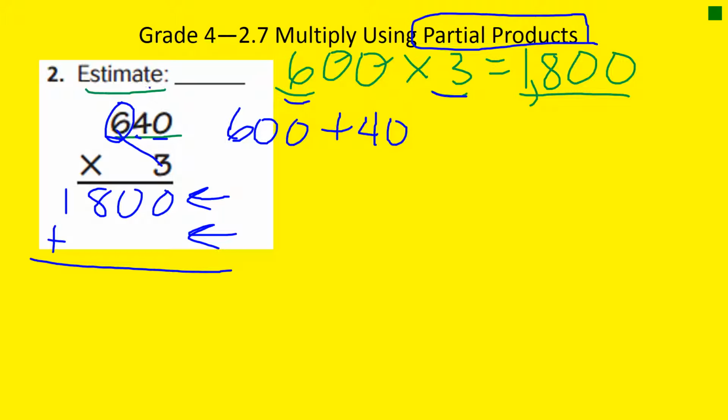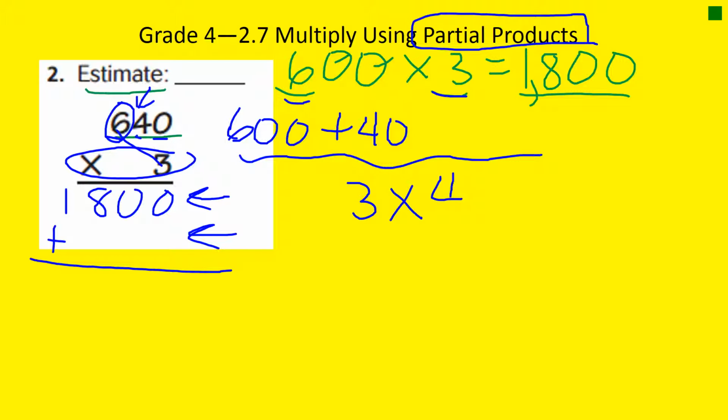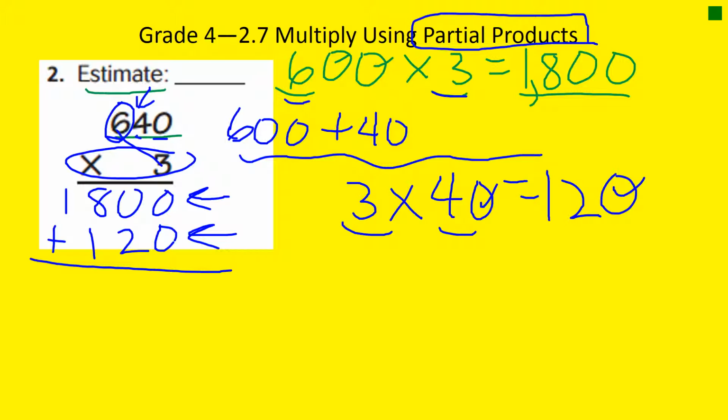So now we look at the 40, or I should say the 4 in the tens place, which has a value of 40. 3 times 40, because remember, everything gets multiplied by 3. 3 times 40, 3 times 4 is 12. 120.